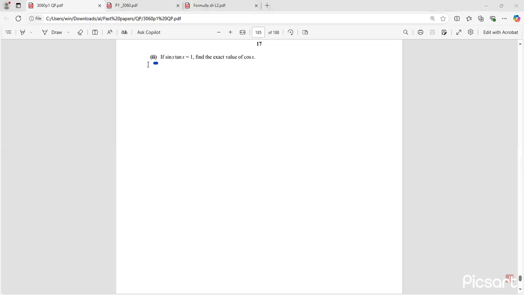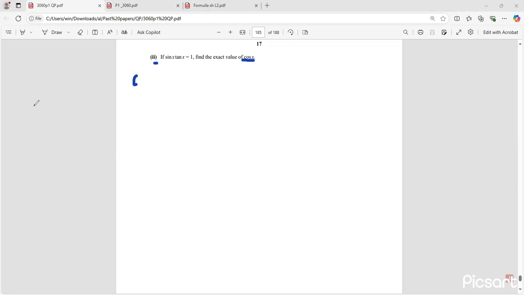Okay, if sine x multiplied by tan x is equal to 1, find the exact value of cosine x. Okay, solving equations with trig, my favorite. Let's solve it. First of all, we have to change them to cosine because we need the value of cosine, and we don't actually have cosine here. So first of all, the sine x, we are going to make it sine as the first step.